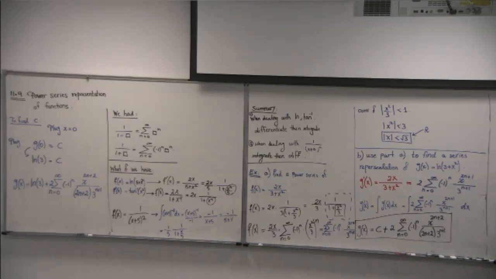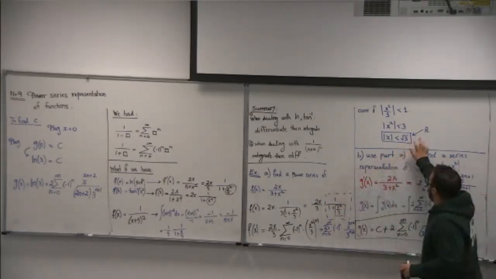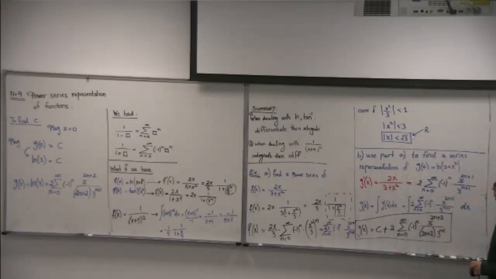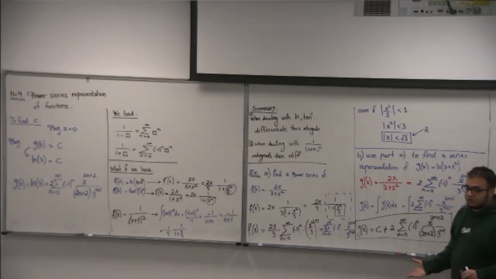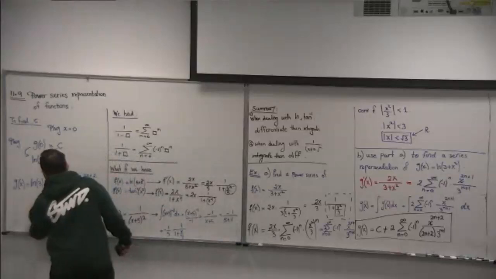Oh, by the way, I just wanted to mention the radius of convergence of the power series. The original power series is √3, right? We got it a long time ago today. Sorry, part A. The radius of convergence of the integration of that does not change. So the radius is also √3.